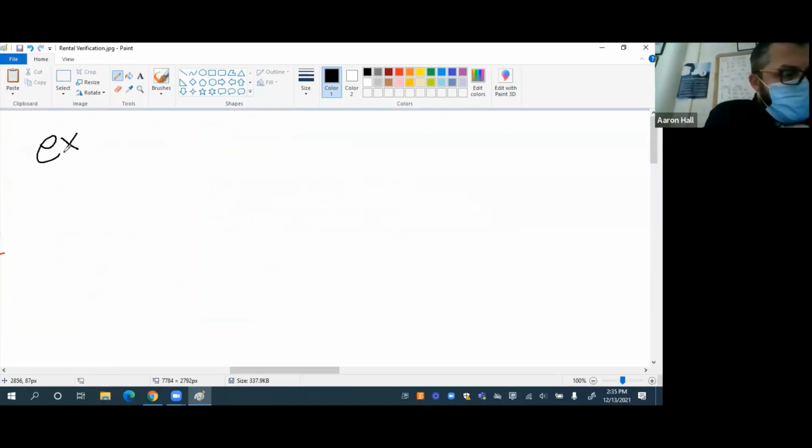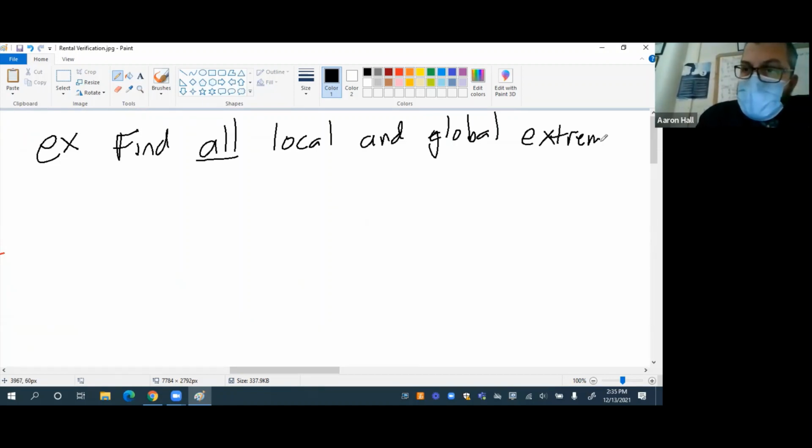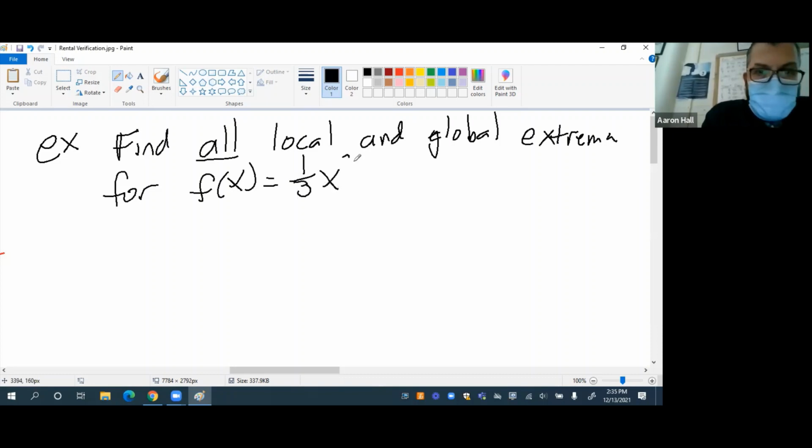Here's my example. I want to find all the local and global extrema. And my function is 1/3 x cubed.